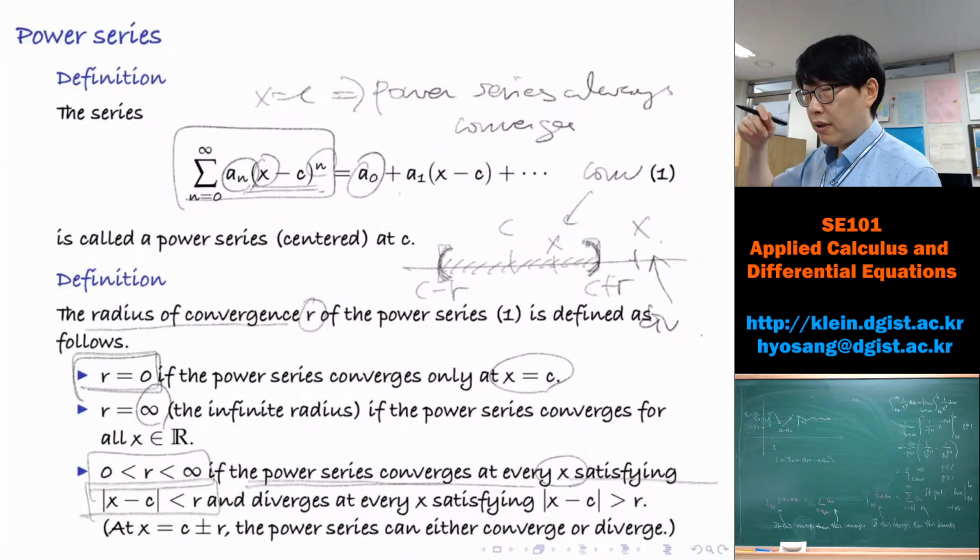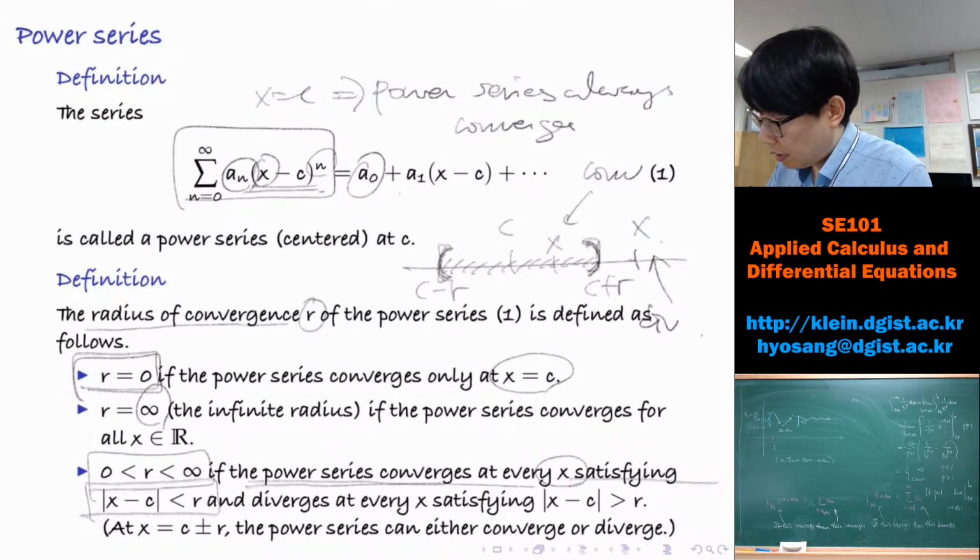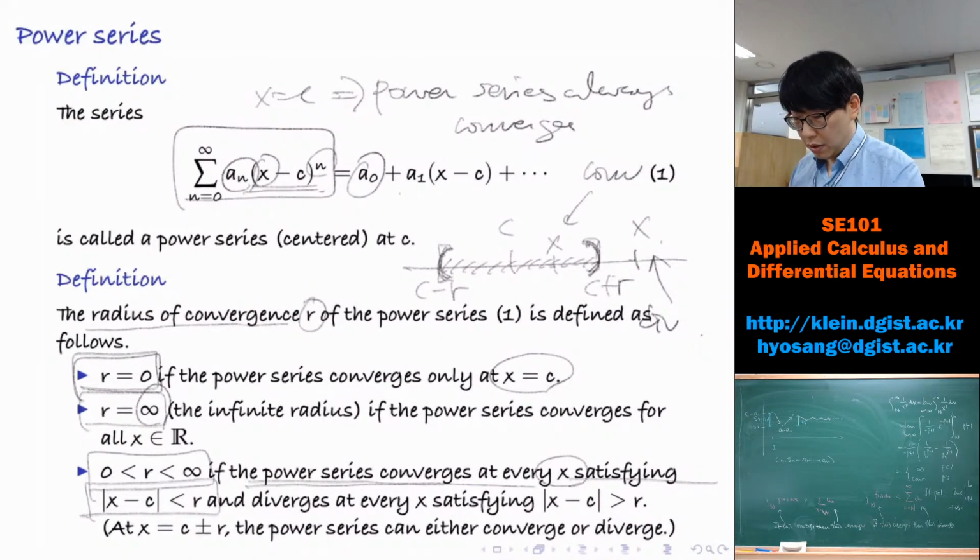Whenever x deviates slightly from the center c, the series diverges immediately. And if R is infinity, that means I can plug any number in for x and the series still converges.